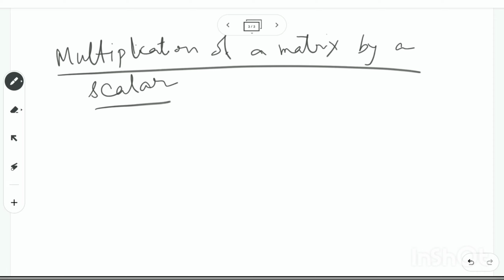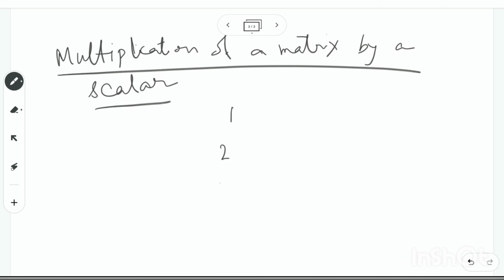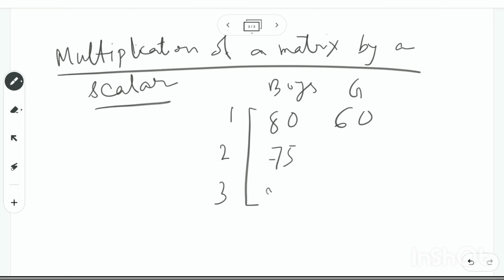Suppose, for the previous example, the quantities produced by factory A are as follows; let me write it down. This is for boys and this is for girls: 80, 75, 90, then 60, 65 and 85.